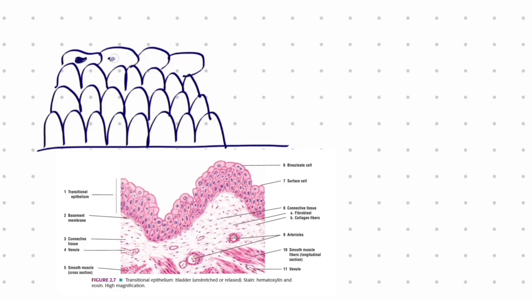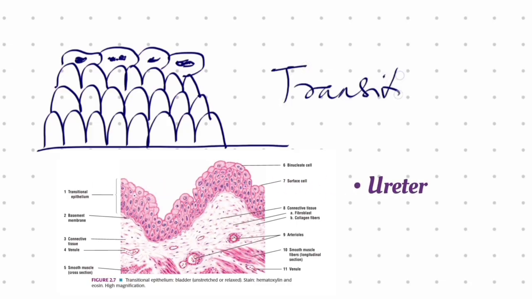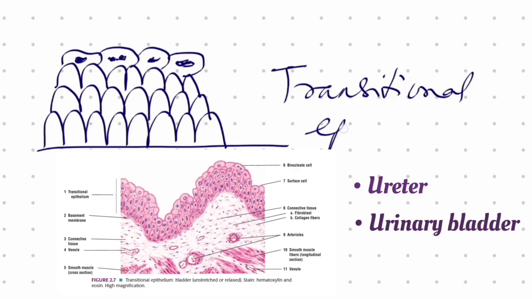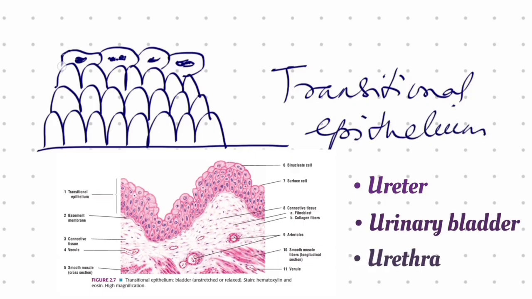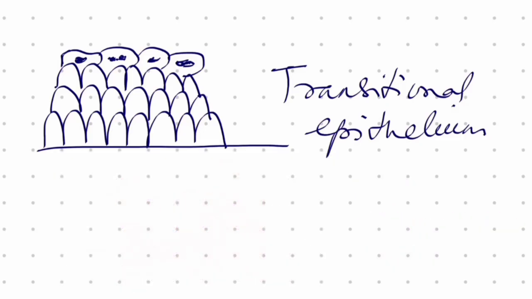Even one or two nuclei are clumped together. And this type of epithelium is called transitional epithelium. Here you will find umbrella-shaped large cells at the top with their large nuclei.